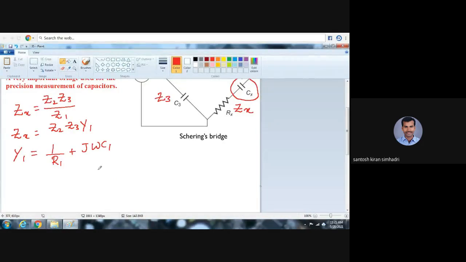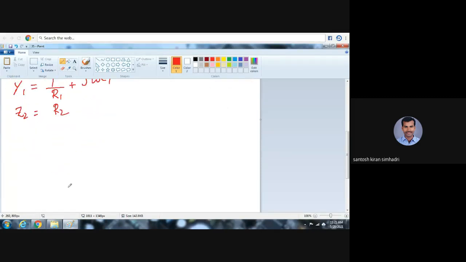Now coming to Z2. Directly I will write Z2 equal to R2. Then what about Z3? Now this is your turn. What is Z3? Simply I can write 1 by j omega C3.